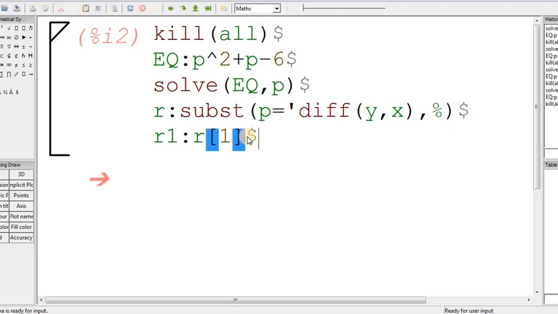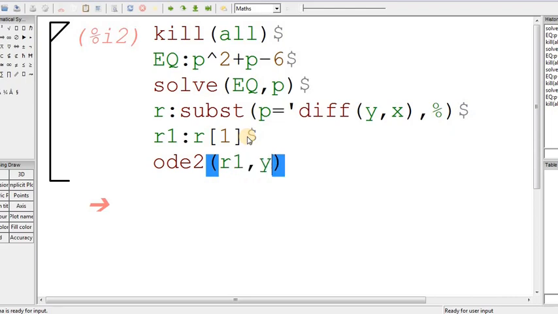Now I have to solve the first differential equation, with respect to p, the first root. What is the command for solving an ordinary differential equation? Take ODE2 of R1, with respect to y and x. Y is the left hand side, x is the right hand side, because dy by dx equals 3 will come.